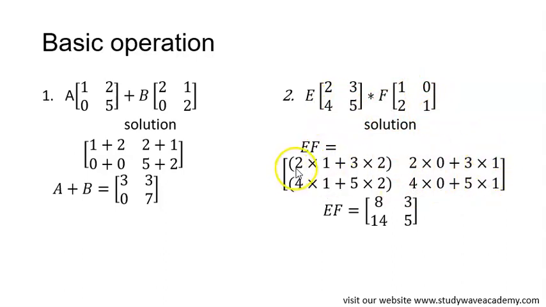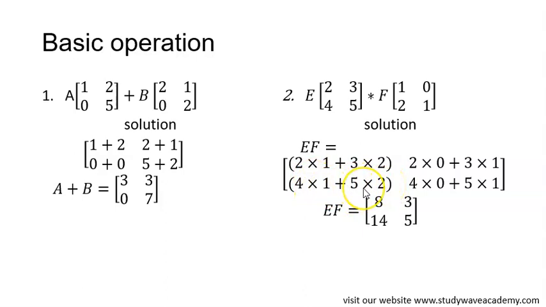So you multiply them. 2 times 1 is going to give you 2, plus 3 times 2 is going to give you 6. So 2 plus 6 is going to give you 8. You write out 8. Okay? Then the next one, 2 times 0 is 0, plus 3 times 1 is 3. So 0 plus 3 is going to give you 3. Move over to the next. 4 times 1 is going to give you 4. 5 times 2 is going to give you 10.